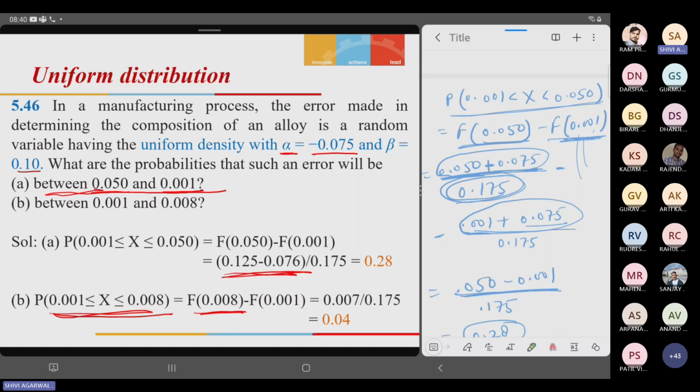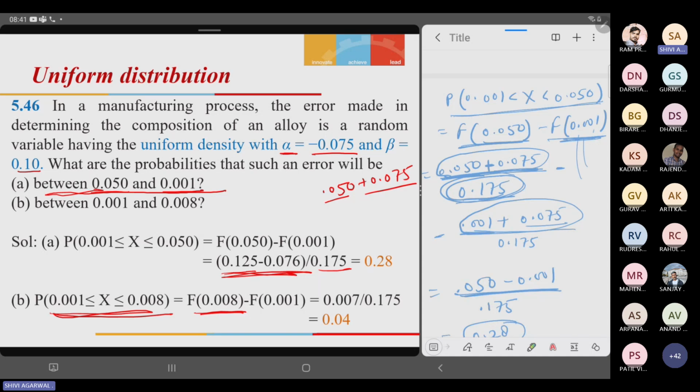So on the slide, 0.25 is what? 0.050 plus 0.075. That is x minus alpha upon beta minus alpha. This is 0.050 minus alpha, and alpha is minus, so it will become minus minus plus.